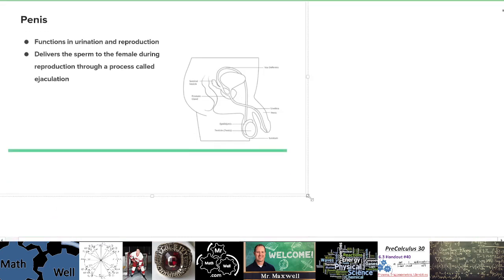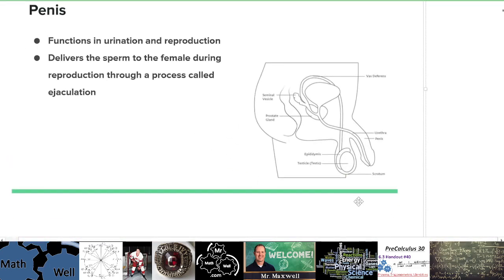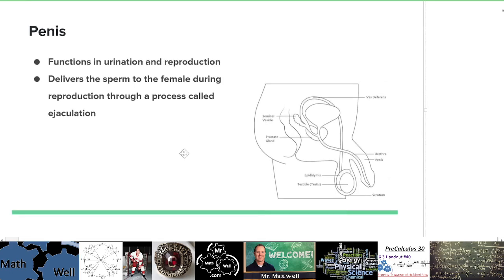Okay. So the penis. The penis functions in urination and in reproduction. It delivers the sperm to the female during reproduction through a process called ejaculation. So as you may or may not know, the penis is inserted in the vagina, and ejaculation is basically a propulsion of this seminal fluid into the vagina where the two gametes can meet. The male sperm can be deposited into the vagina, swim up, travel to the egg, and implant in the egg.